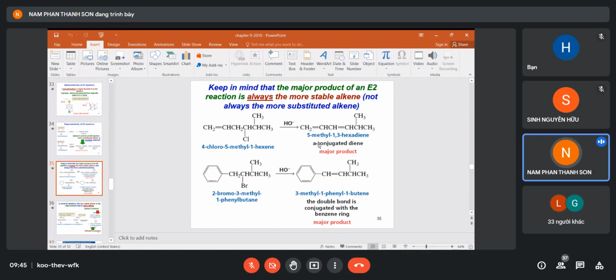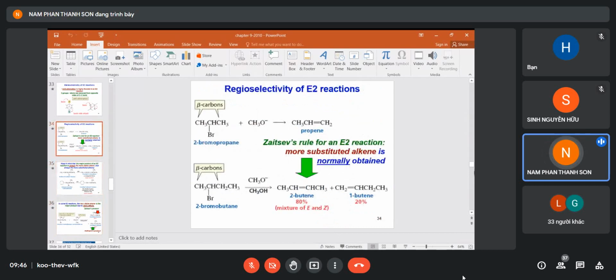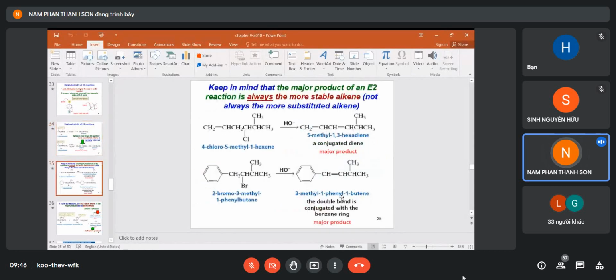But normally you don't have it, then take the double bond with more hyperconjugation. For example, from 2-bromobutane, the main product is 2-butene, not 1-butene, because the double bond in 2-butene has more hyperconjugation hydrogens.